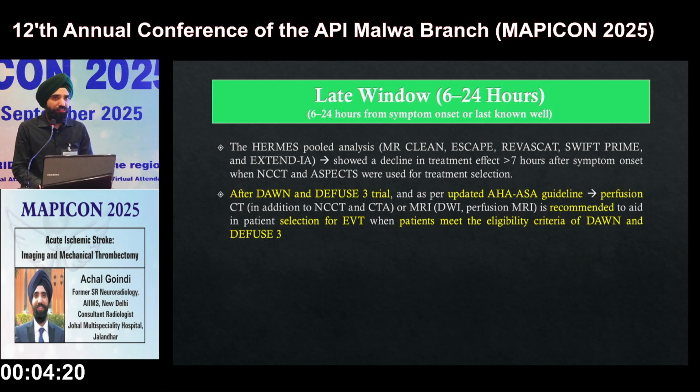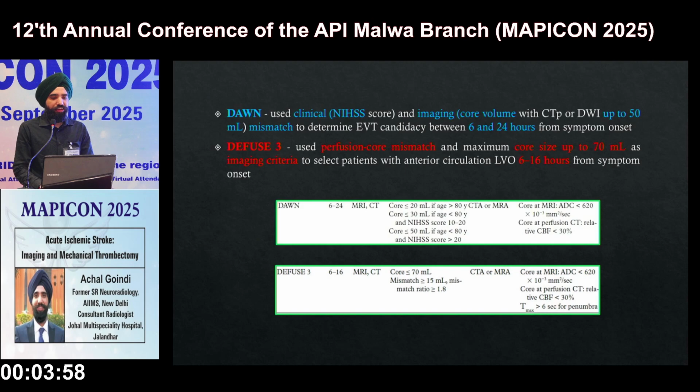In this subgroup of patients, which is mostly the case because very few people present within the golden period, there have been 2 very important trials, the DAWN and the DEFUSE 3 trials. According to these trials, they recommend perfusion imaging, and they have laid certain criteria as to which patients after the golden window period can undergo endovascular treatment.